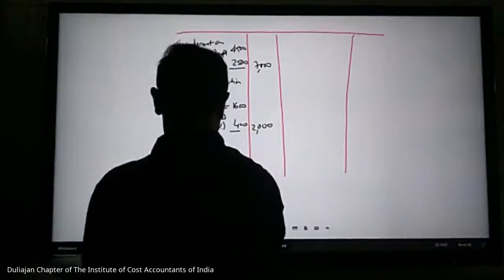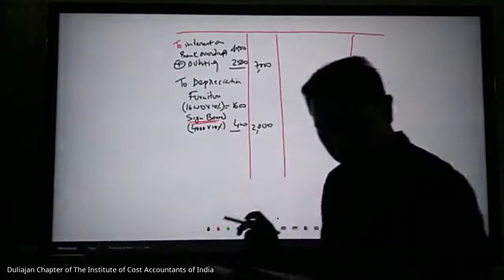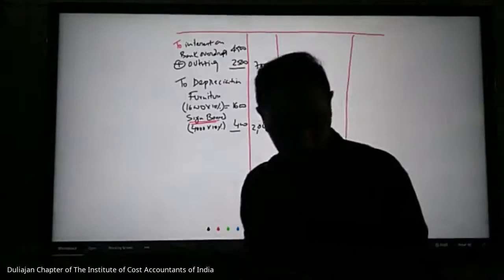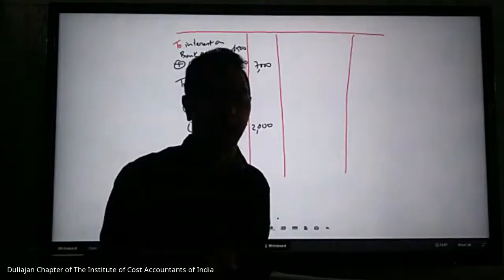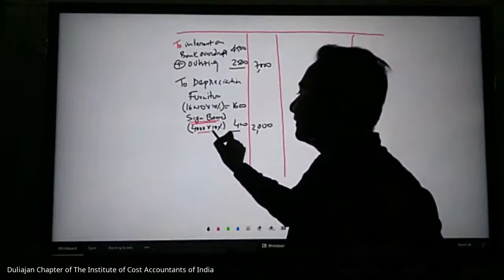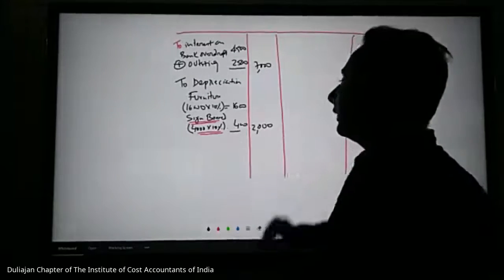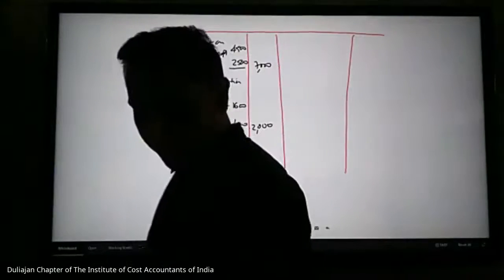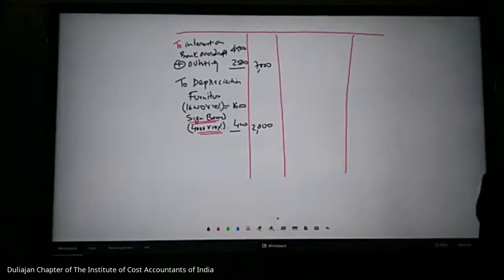The signboard, you see adjustment number 6, a new signboard costing rupees 4,000 is included in advertising.